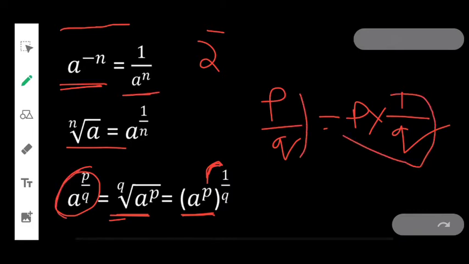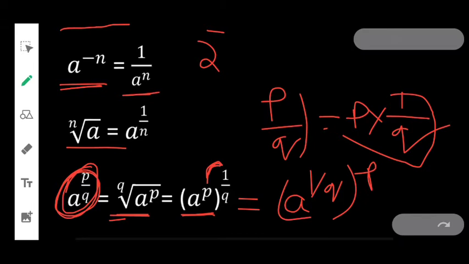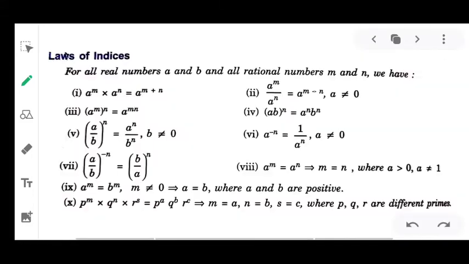Then we get a to the power p by q. This is correct. Or we can write this as a to the power 1 by q, whole power p. This is also the same, because 1 by q into p equals p by q. Clear? There are some extra laws of indices that you have to remember.